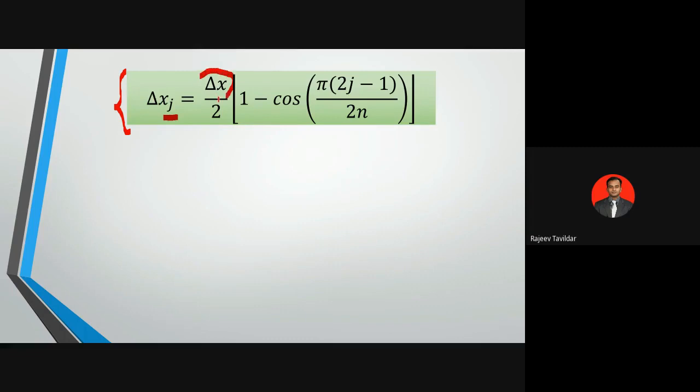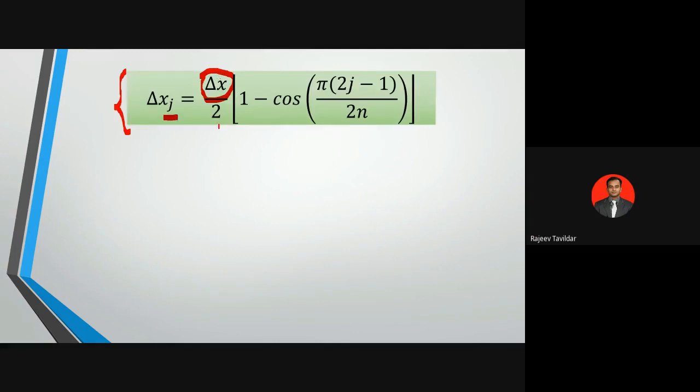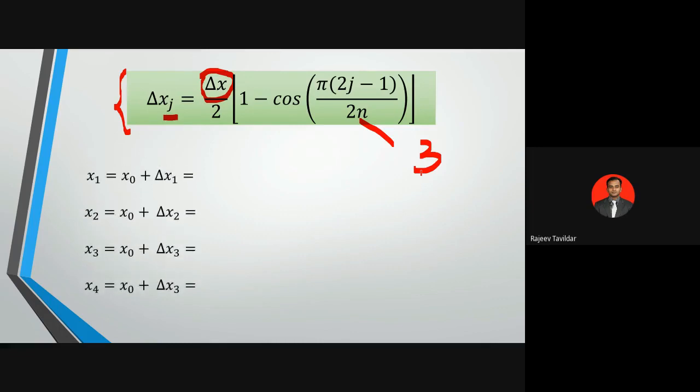Delta x is something which you already know from the problem statement. Delta x is nothing but 90 minus 0, which is equal to 90. So delta x is 90 upon 2, 1 minus cos of pi into (2j minus 1) upon 2n. J again varies from 1 to 3, and n is equal to 3, because there are 3 precision points. Solving this, you will get delta x1, delta x2, delta x3.